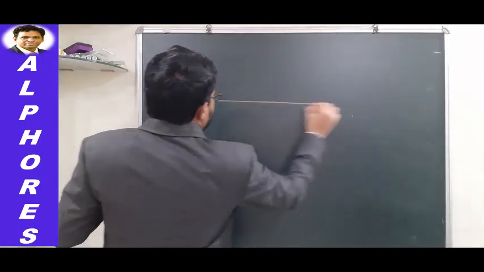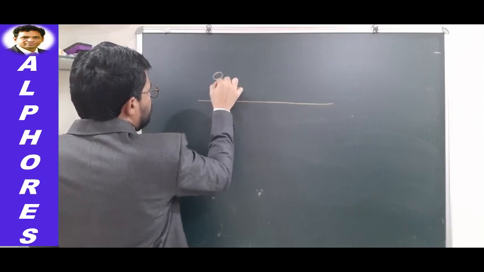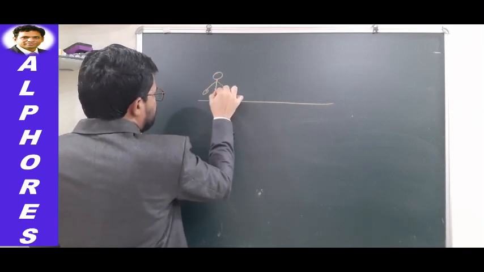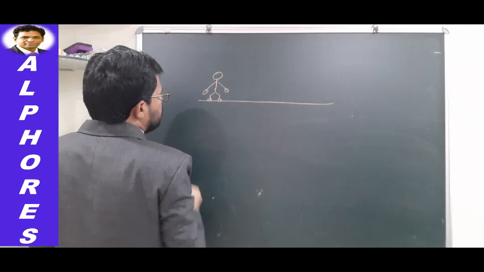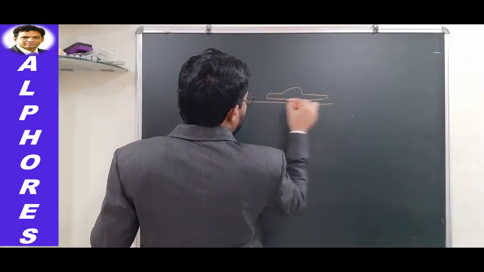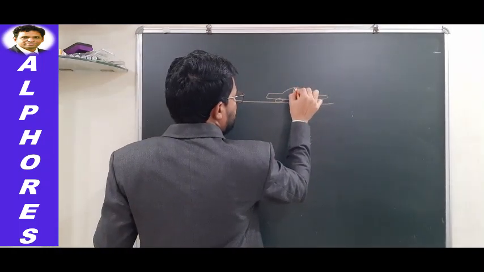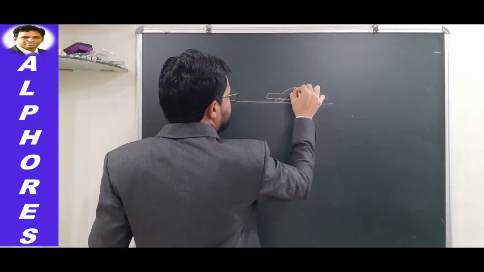Let us say on the ground, one observer is present. Now let us say one car is in motion. Inside this car, one observer is sitting.